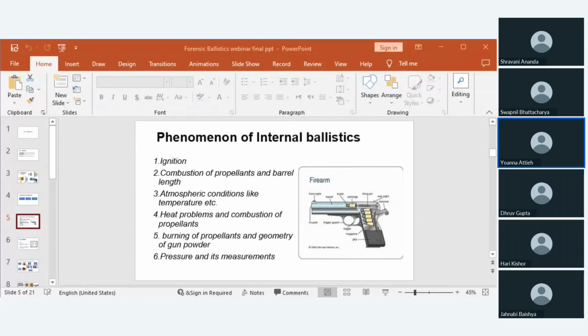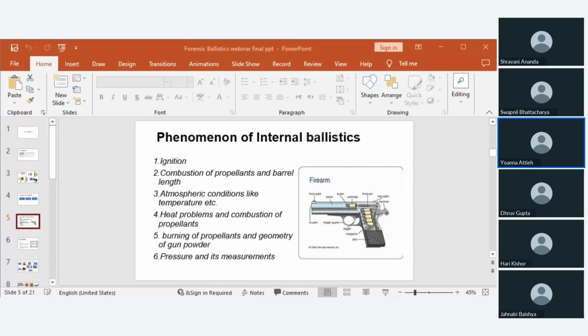And as the projectile begins to move down the barrel, the gases continue to expand behind it, pushing it forward at a very high speed. So the rate of combustion and gas expansion is crucial in determining the velocity of the projectile. The more rapidly the gas expands, the faster the projectile will move.